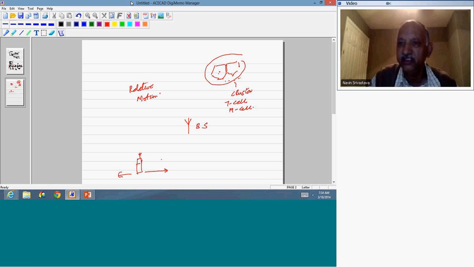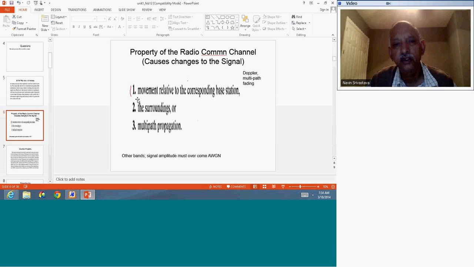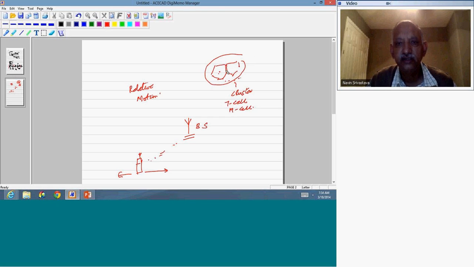So with respect to this base station, there is always a relative motion. So that is the meaning of movement relative to the corresponding base station. Corresponding base station means the base station to which it is communicating. Maybe after some time when it goes like this, then it will have to be handed over to another base station. But that relative motion is going to remain.